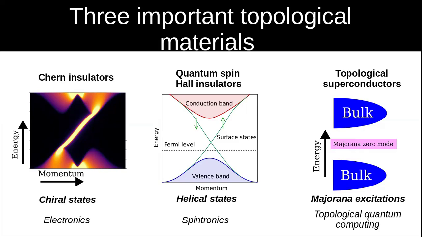And then we have also other topological states that are even more exotic. They do not only appear in electronic systems, they also appear when we have superconductivity. And this is the case of topological superconductors. Topological superconductors are superconductors that have an excitation gap in the bulk, but that at the surface or at the edges, they show gapless superconducting excitations. And these superconducting excitations are called Majorana excitations. They are excitations that are their own quasi-particle.